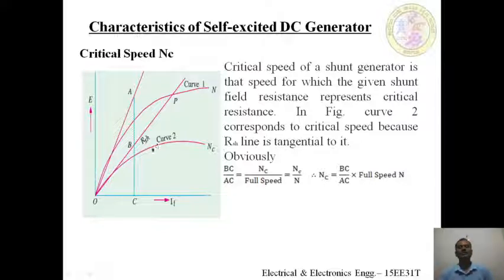In the given figure, curve 2 corresponds to critical speed because here the RSH line is tangent to the OCC. So any speed below this, the generator will fail to build up its voltage. This is the meaning of critical speed.